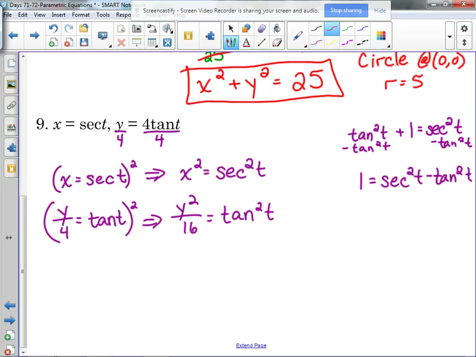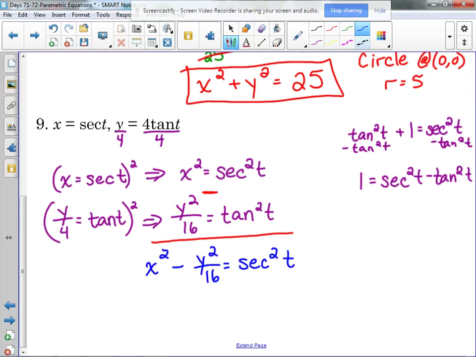We don't need to add this time. We need to subtract these equations, because we need secant squared minus tangent squared to get this equal to 1. So we've got x squared minus y squared over 16 is equal to secant squared of t minus tangent squared of t.